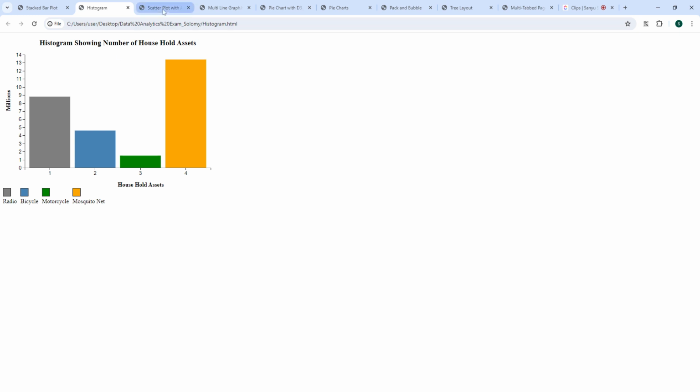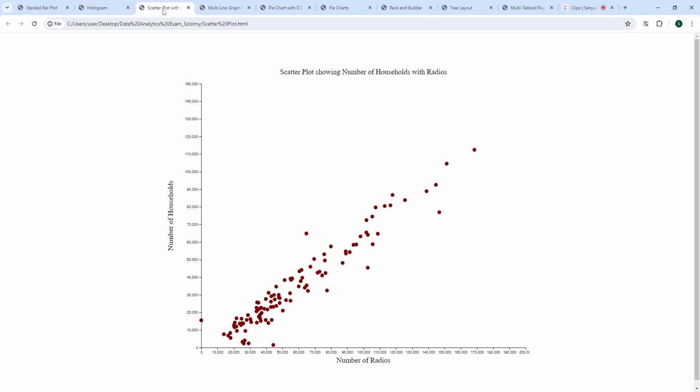Then I came up with a scatter plot. This also shows our distribution. I selected number of radios amongst the number of households.